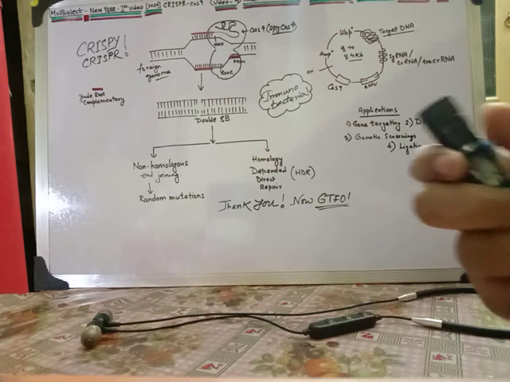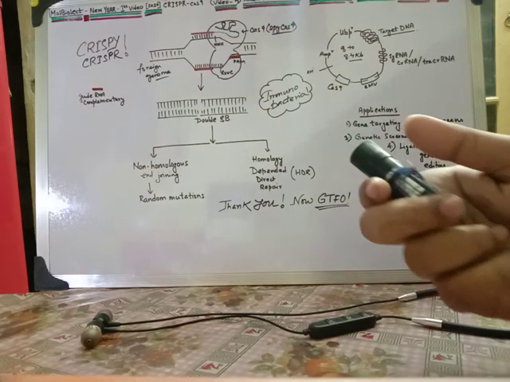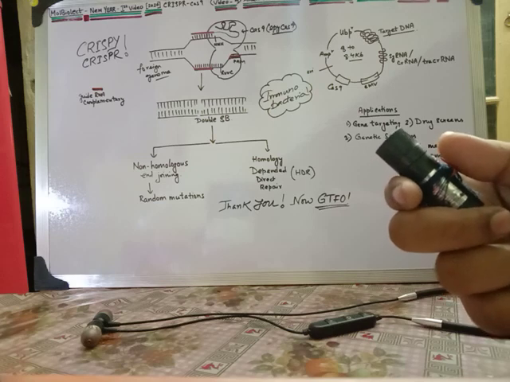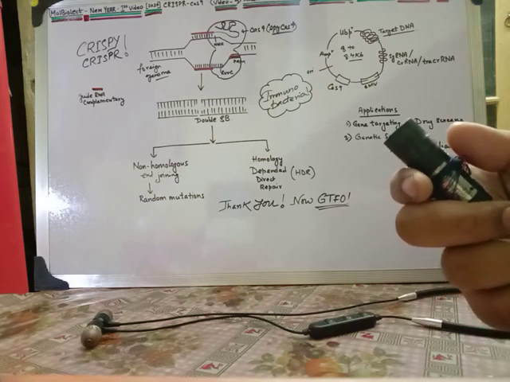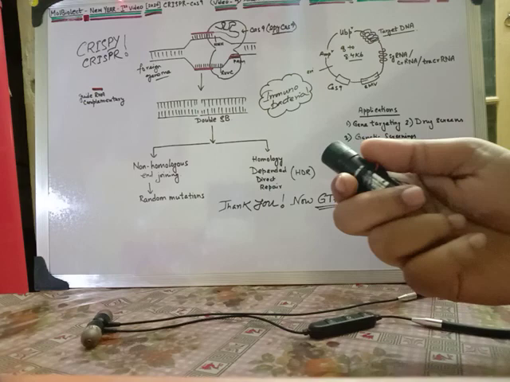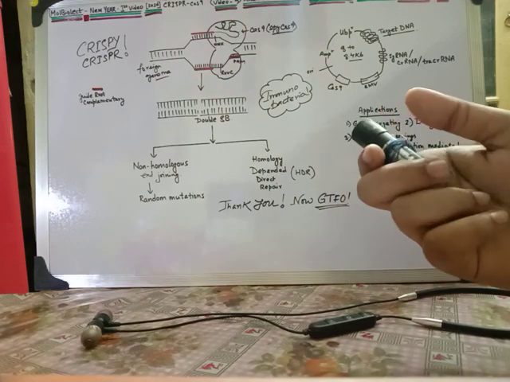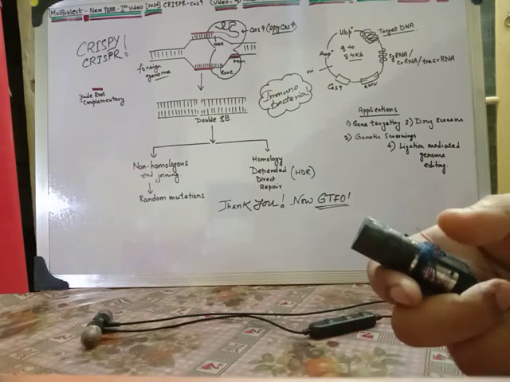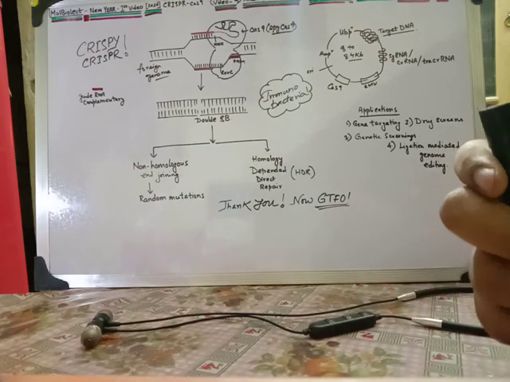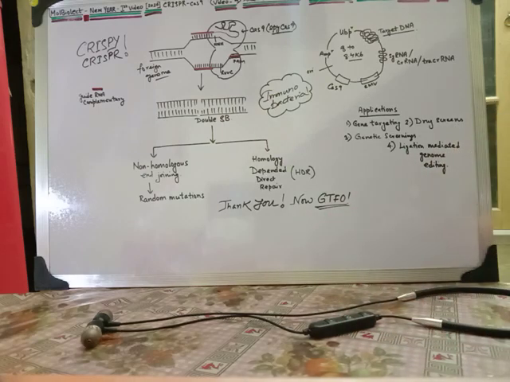This PAM system, as I have told, is only present in case of viruses. And this entire protein complex is actually the CRISPR-Cas9 complex, or as I call it, the Cas9. It's a bookish term, obviously. It acts as a spy.